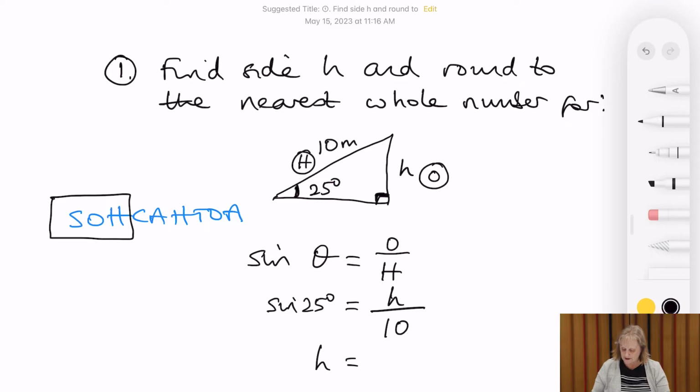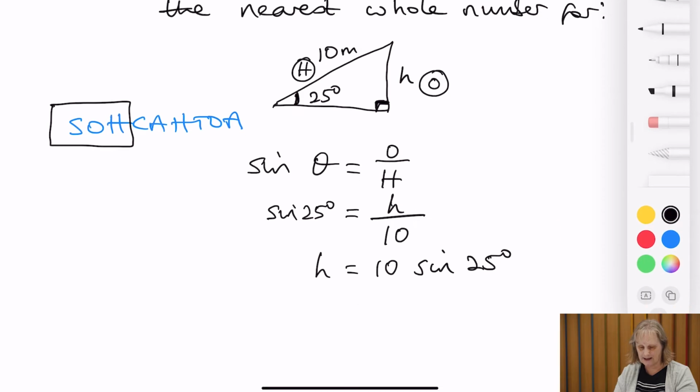So dividing by 10 on this side, so take over to multiply by 10 on the other side, and we have this calculation here. So using your calculator in degree mode, make sure you can locate the sine key and do sine 25 equals, that gives me 0.4226, and multiply it by 10.